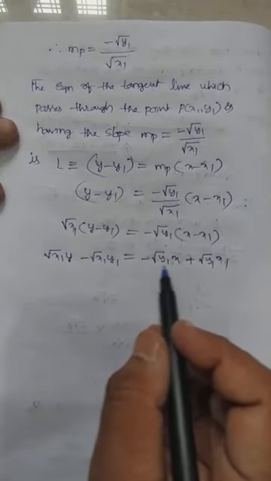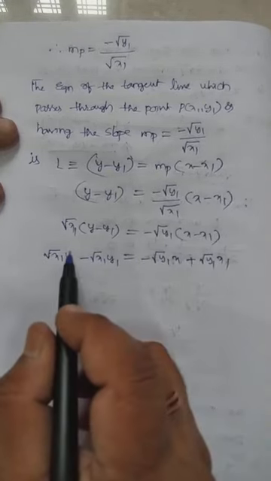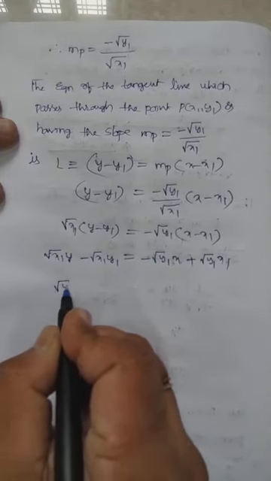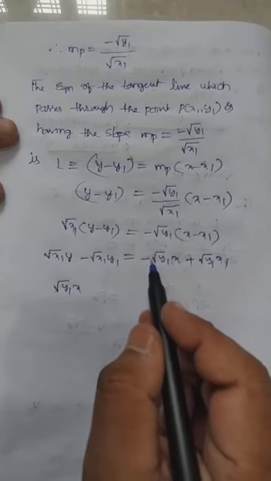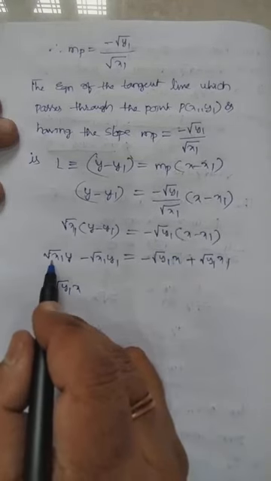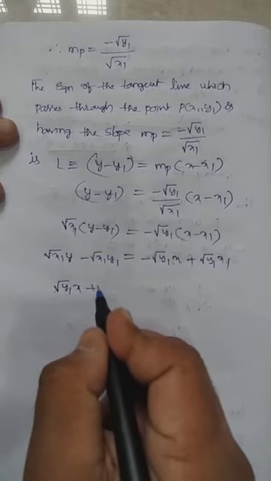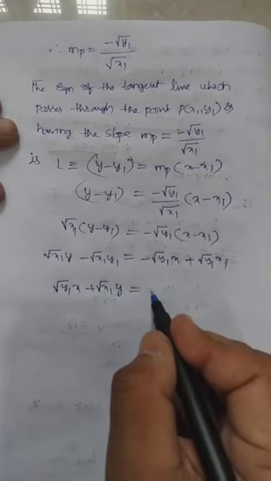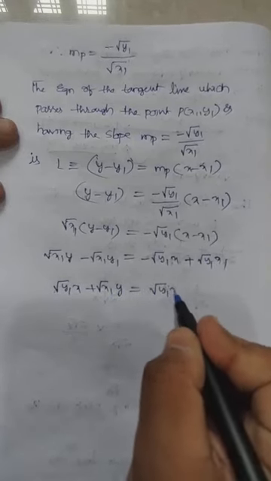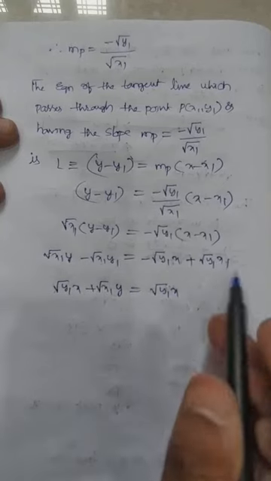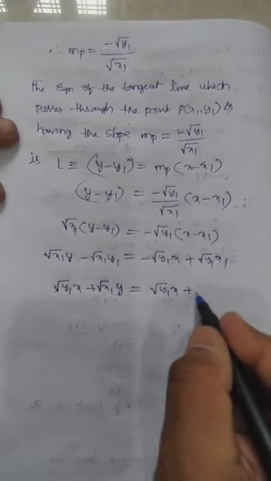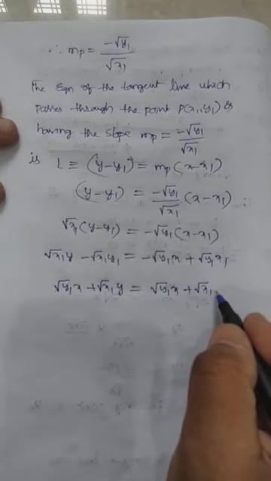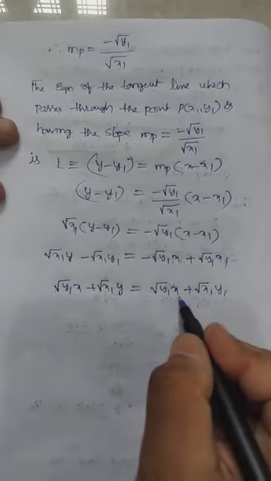So I am taking the x term to this side, and here you would get plus root x1 y. Already what we have on the right side is root y1 x, and if this comes to this side it becomes plus root x1 y1, which is x1.